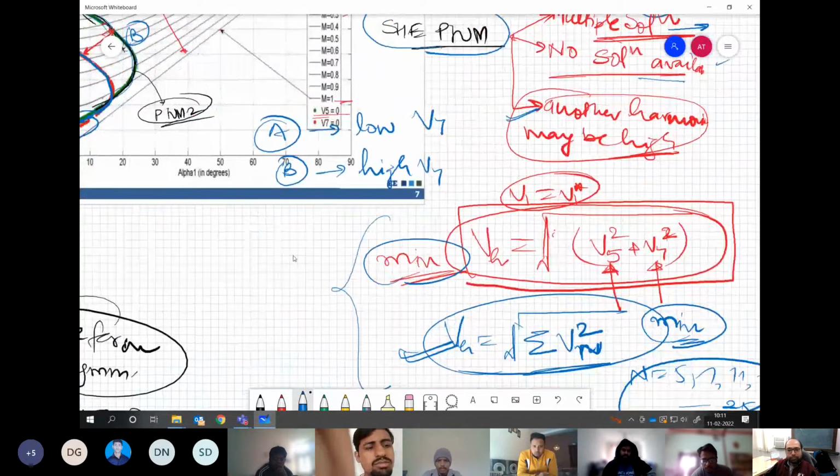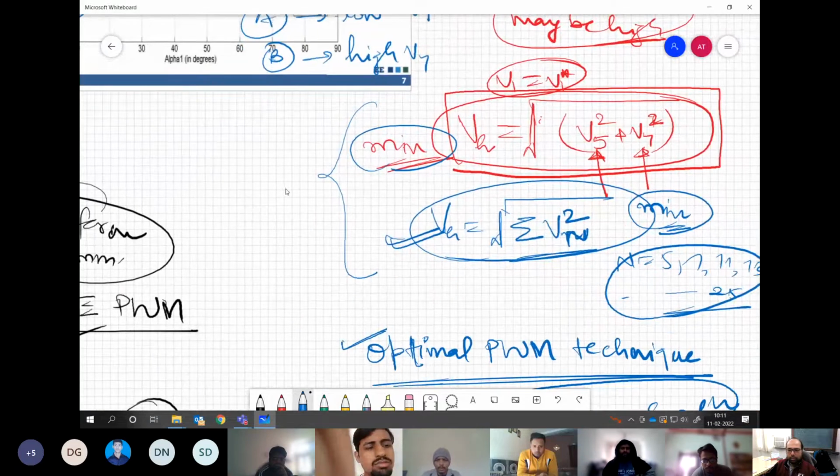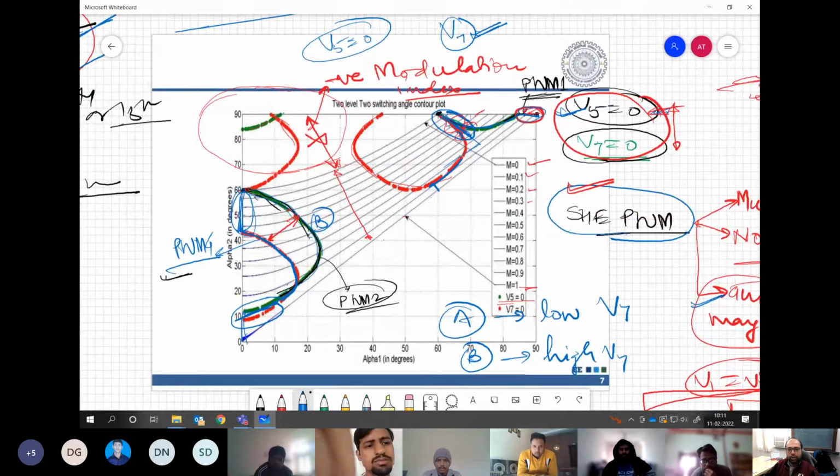Let's say we do not eliminate any harmonic, but we take a set of harmonics, say 5th and 7th, and try to minimize them. If you have seen the contours in the alpha 1, alpha 2 plane, the path in between V7 and V5 equal to 0 could be a good place. Or maybe after this point, it may shift to the other side of the graph here.